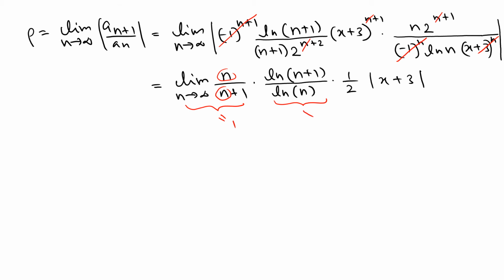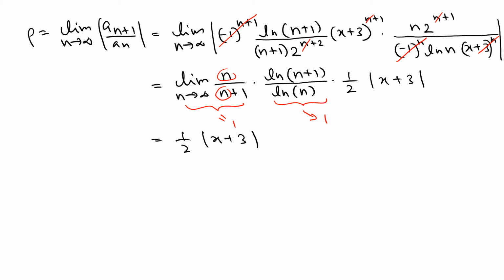So this also ends up equal to 1. That means you simply end up with 1/2 times the absolute value of x plus 3. That's the limit.